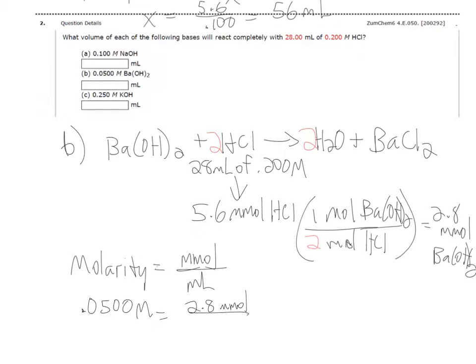And as we had said before, 2.8 millimoles over some unknown volume in milliliters, X. Well, to get X alone, we would just take 2.8 and divide that by 0.05. And in this case, it works out to be, coincidentally, the same volume as we saw in part A, 56 milliliters.